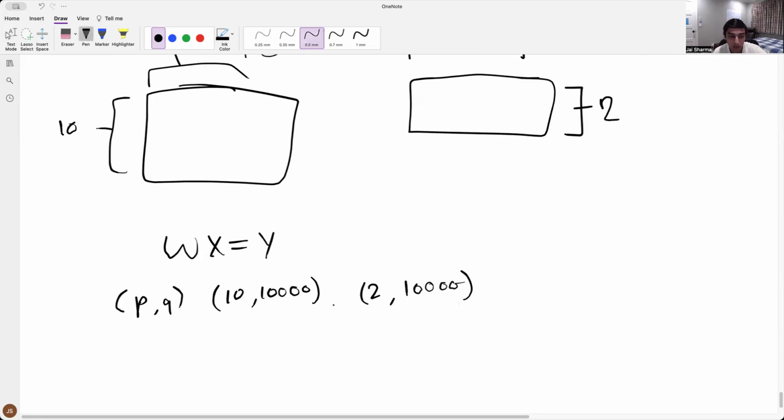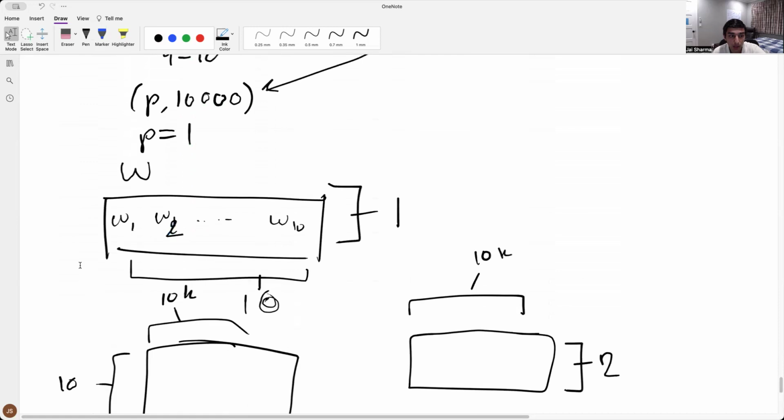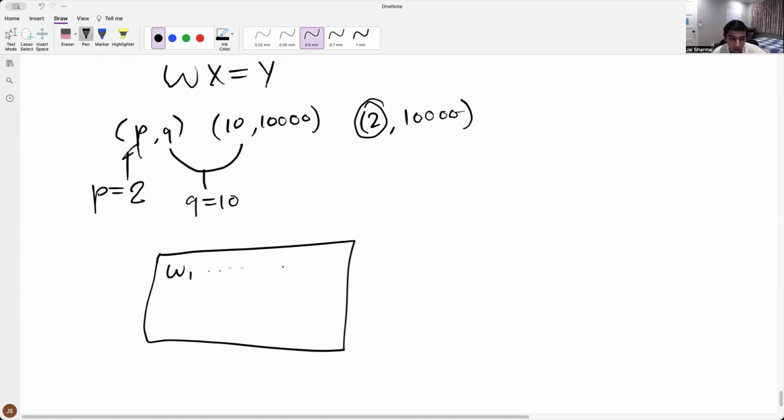So from here, just like before, Q has to be equal to 10 in order for matrix multiplication to be defined. And P has to be equal to this first thing over here, which is 2. So therefore, W is actually 2 rows, right? W1, all the way to W10. And there's a second row, which is W, let's say 11, all the way to W20.